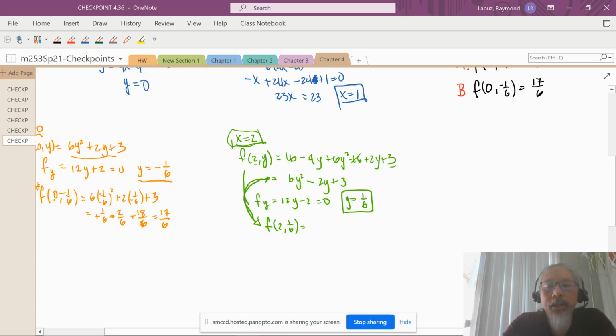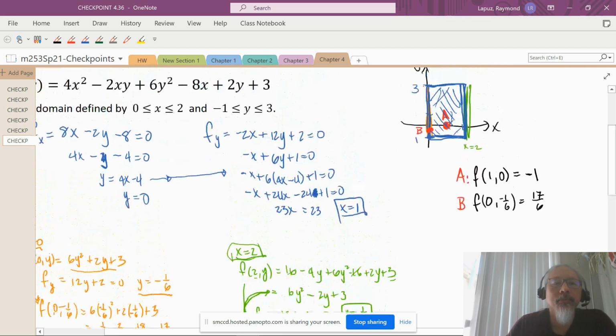So let's use that. 6 times 1/6 quantity squared minus 2 times 1/6 plus 3. And I think this is going to be the same calculations as we had in the previous one. So we got 17/6.